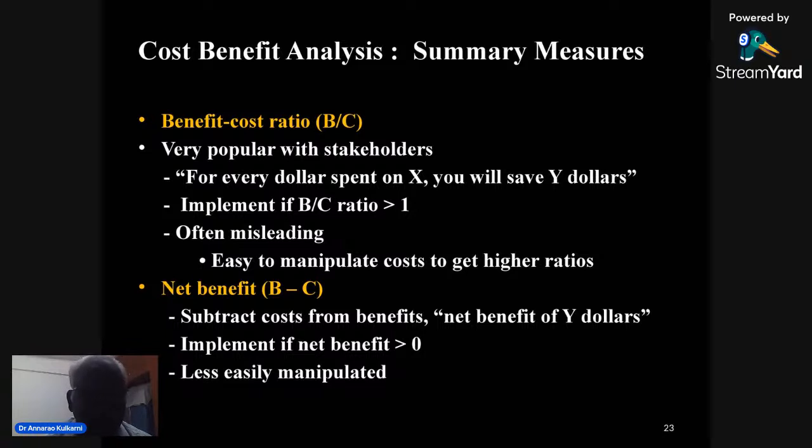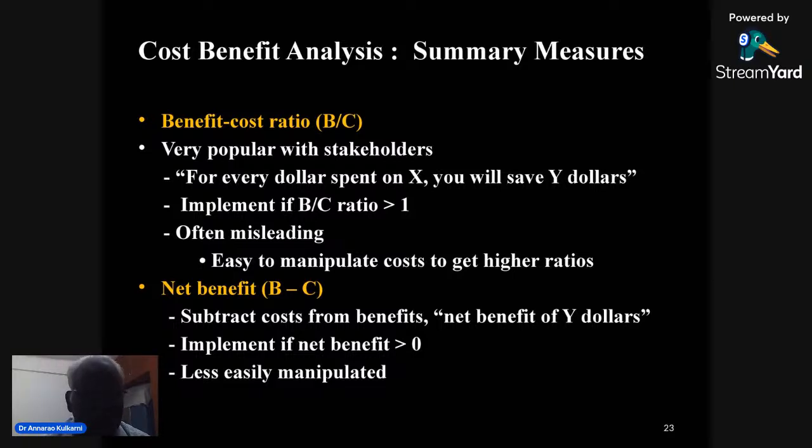The benefit cost ratio is somewhat misleading. If you have a negative ratio in which the program does not save more than it costs, you can't easily determine whether the negative ratio comes from a negative numerator or a negative denominator. A negative numerator would mean that benefits are listed as negative costs. A negative denominator means that the costs are listed as negative benefits.